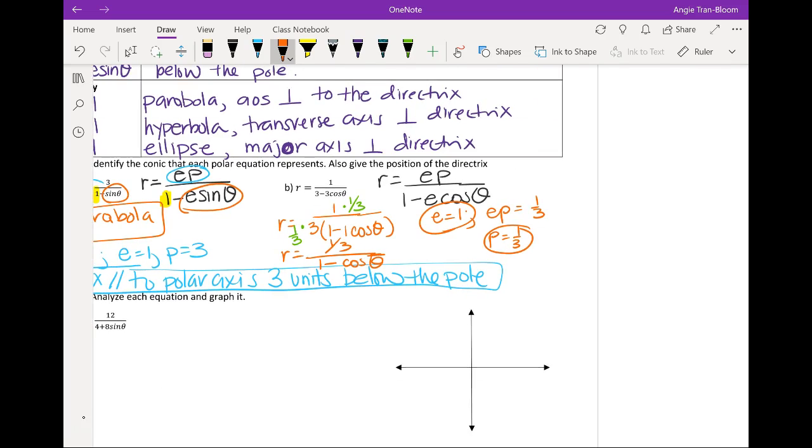Similarly, what shape is this? For this particular case, it's still a parabola. It's a minus cosine, so the directrix is perpendicular to what? The polar axis.